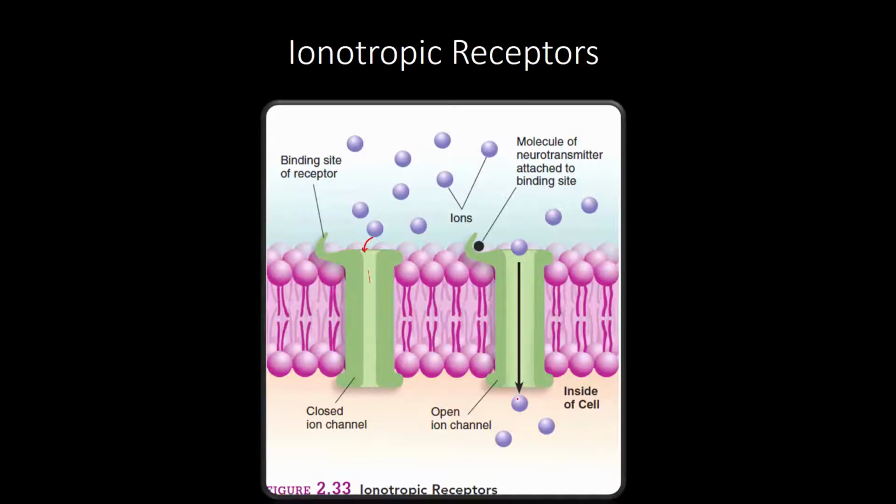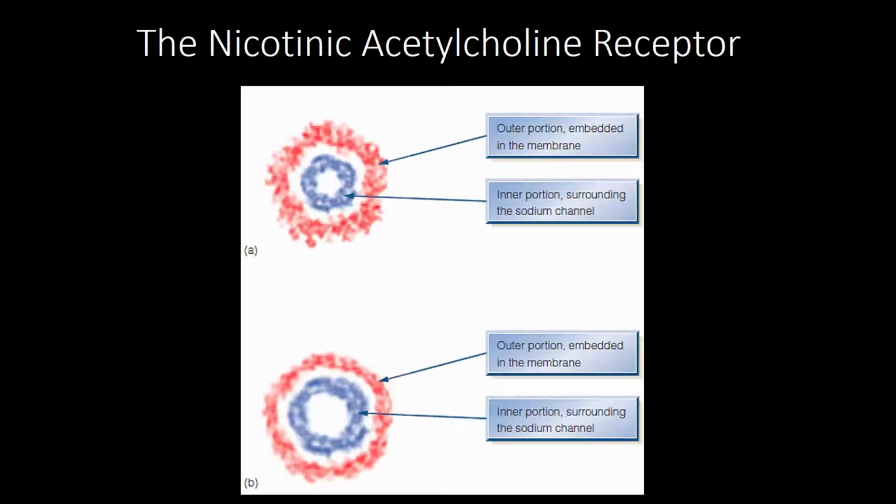Okay, that's in general what an ion channel is, what an ionotropic receptor does. Now, I've mentioned several times that this is ligand gated. Remember, gating refers to what opens it. So in this case, chemical binding to it opens it. That's what ligand gated means.